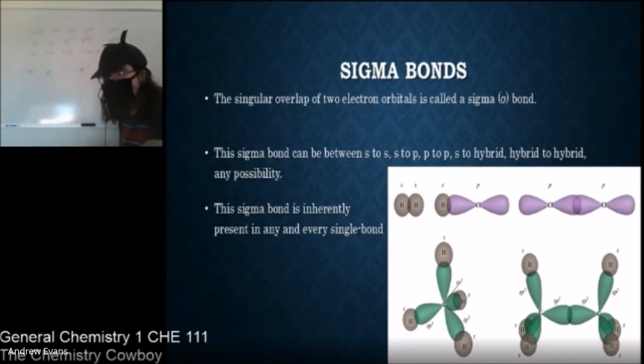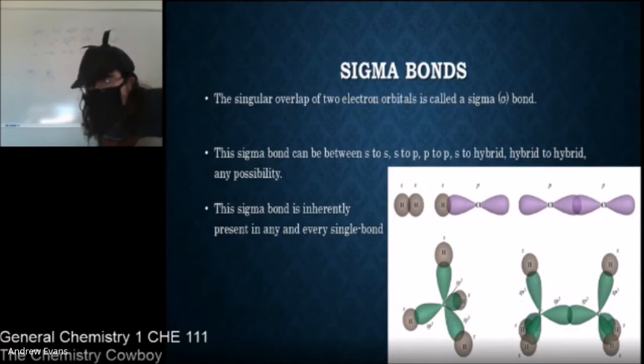2 p's overlapping, like that, face to face over 1 overlap, that's a sigma bond. Any of our hybrid orbitals are all going to be sigma bonds. Basically, what it comes down to is a single bond is inherently always a sigma bond.